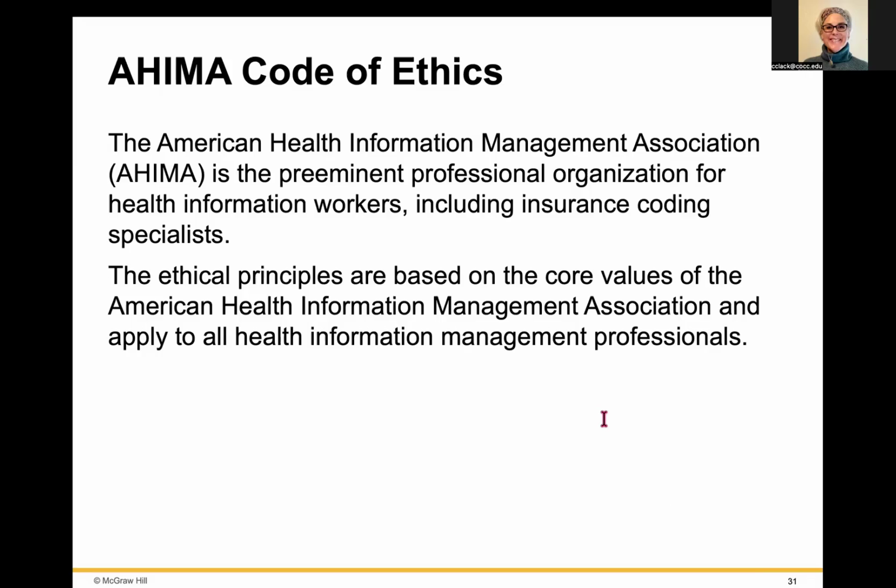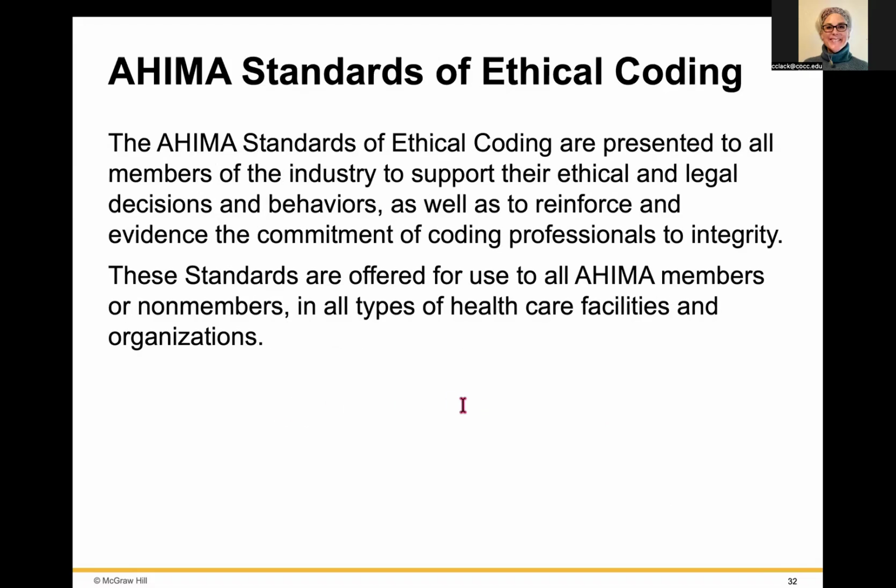These principles are not optional. They guide day-to-day decisions, especially when you feel pressure to code for payment, overlook documentation issues, or share information you shouldn't be sharing. AHIMA created ethical coding standards to guide decision-making across the industry, not just for members, but for anyone doing coding work. These standards exist to support ethical and legal coding choices, reinforce integrity in reporting, and give coders a professional backbone when pressure shows up.